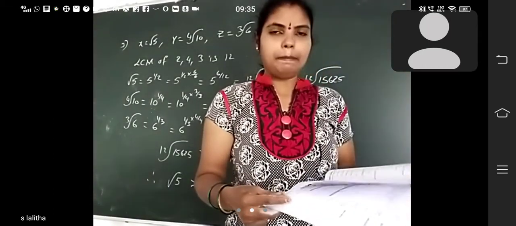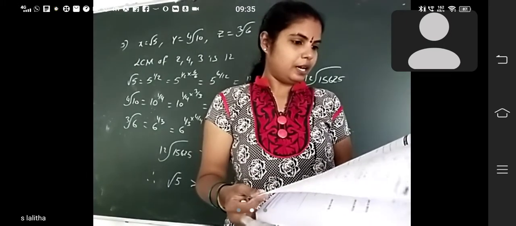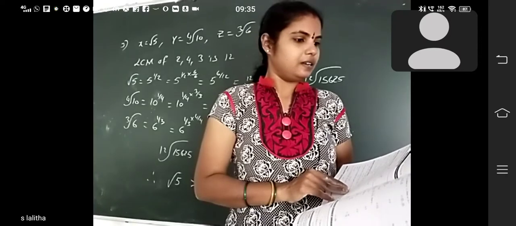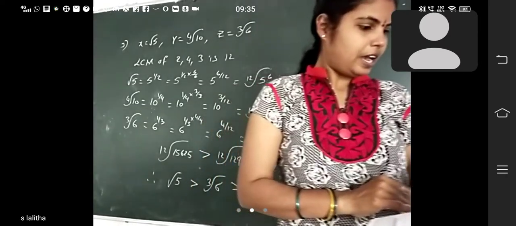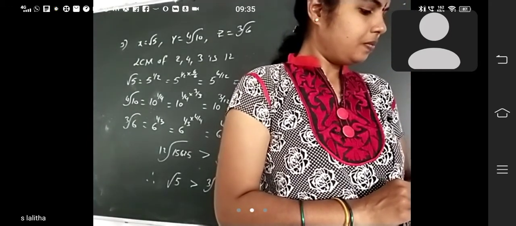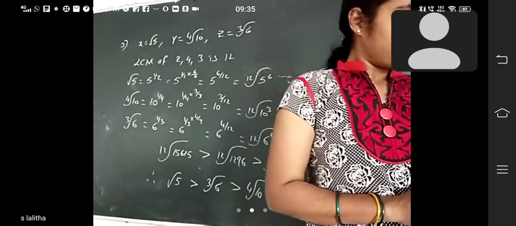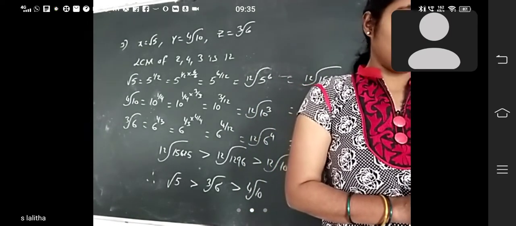Only problems on comparison of two surds you can do. Matching is there, and in page number 34, choose the correct answers is there. You can do those two. And next page number 36 is level 2. 26 to 30 sums you can do. That is the homework for you.